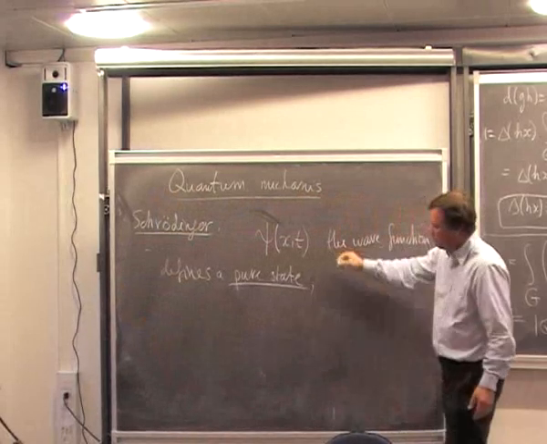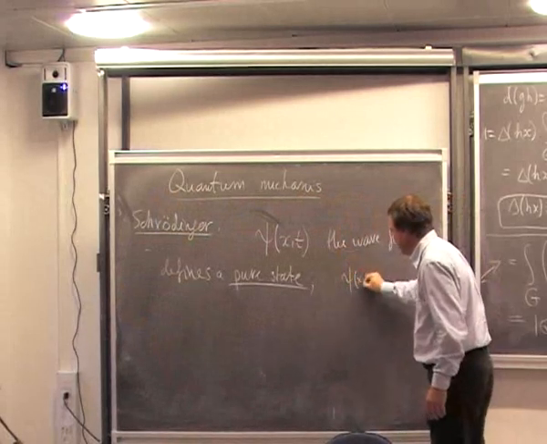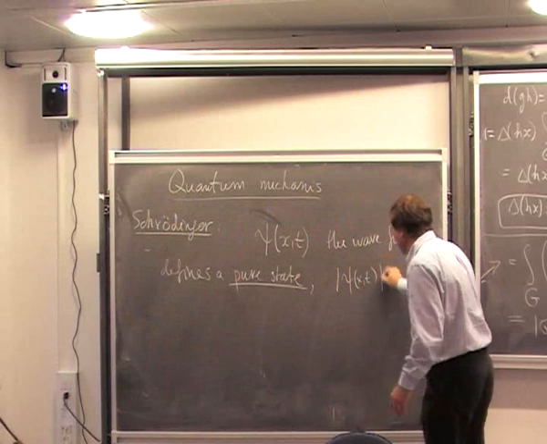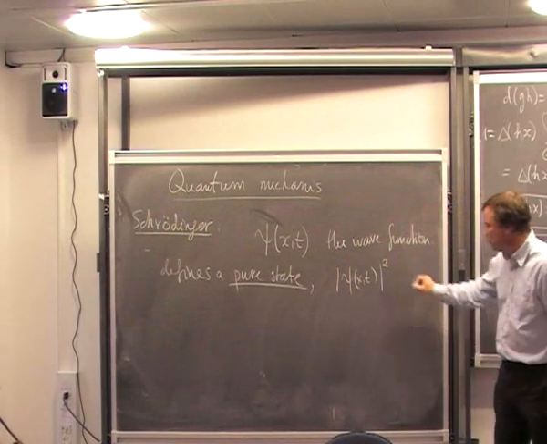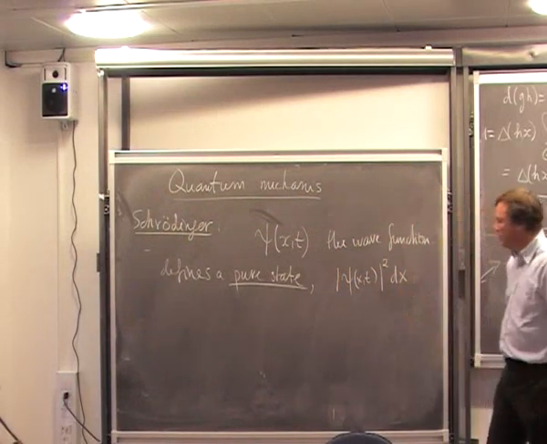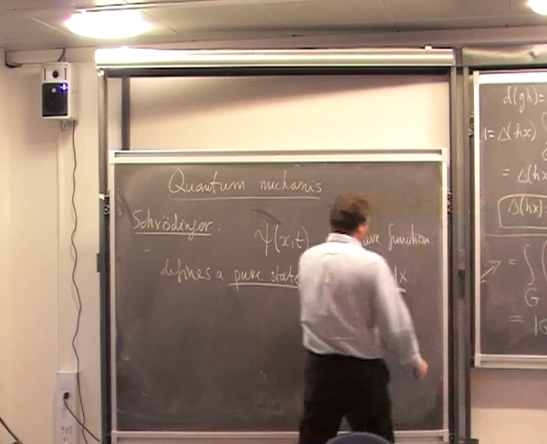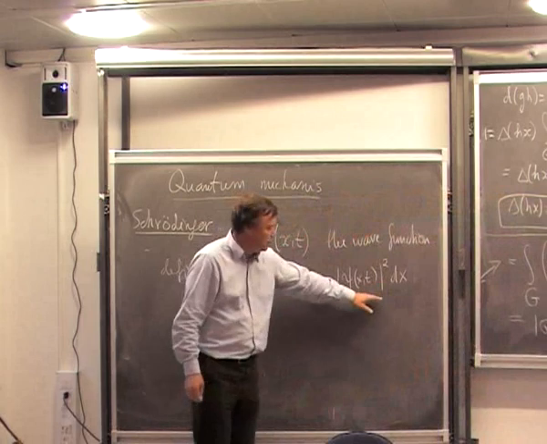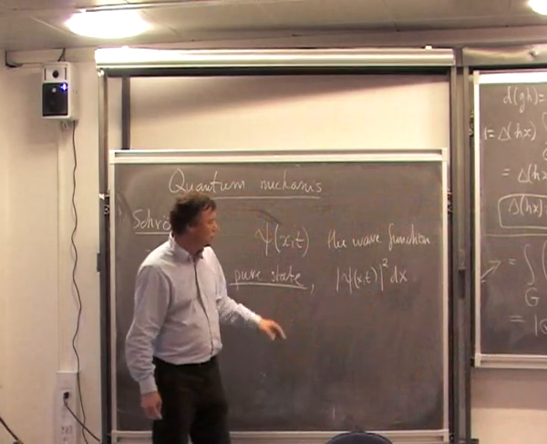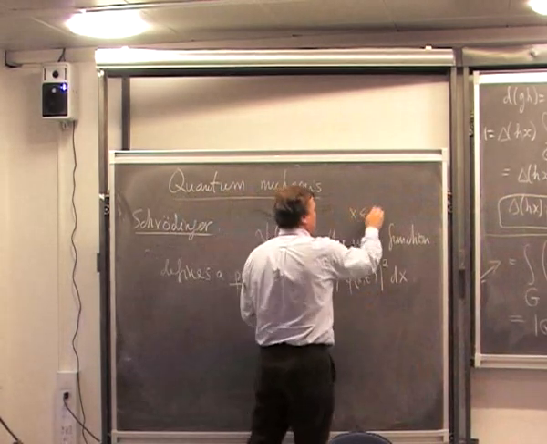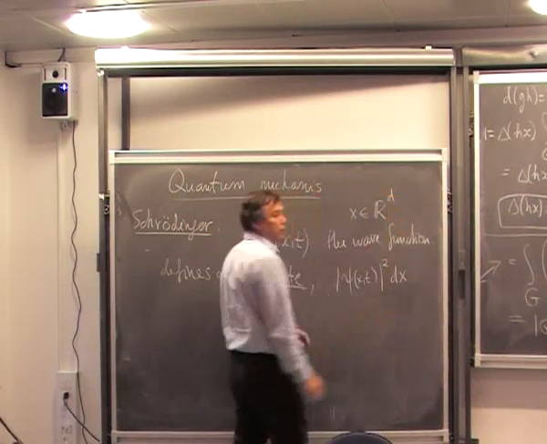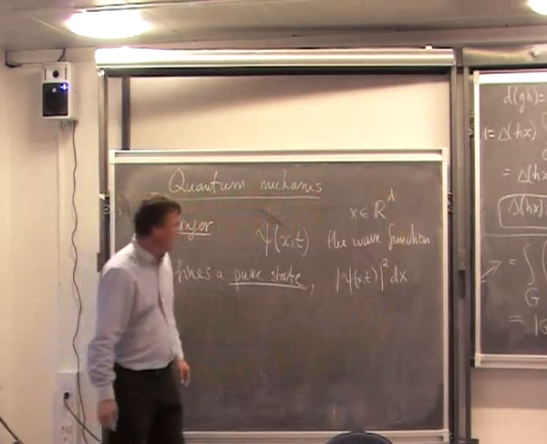And the probabilistic physical meaning of the wave function is that its absolute squared times dx is the probabilistic measure on the configuration space. Let's just for simplicity consider quantum mechanics in R^d.